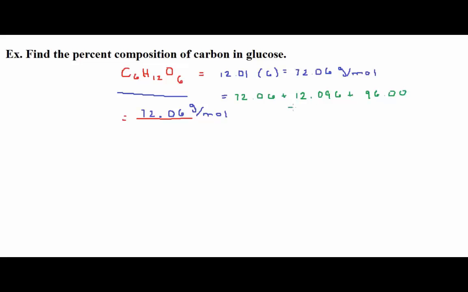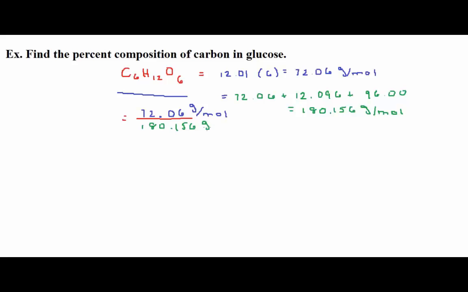So the total molar mass of glucose is 180.156 grams per mole. So I'm going to put this molar mass of glucose on bottom.